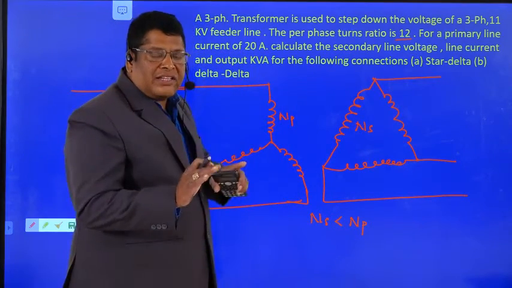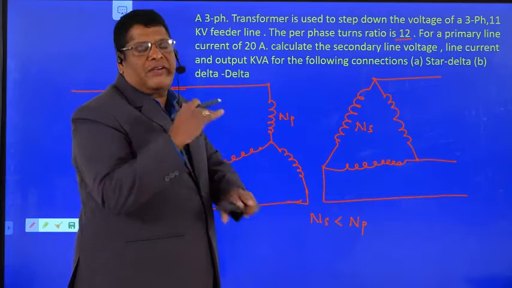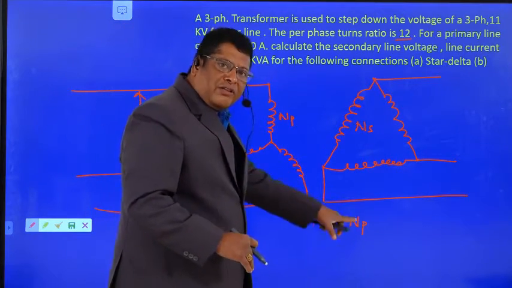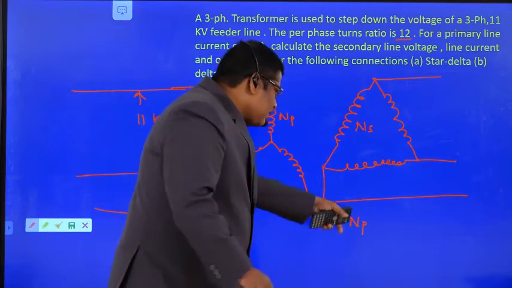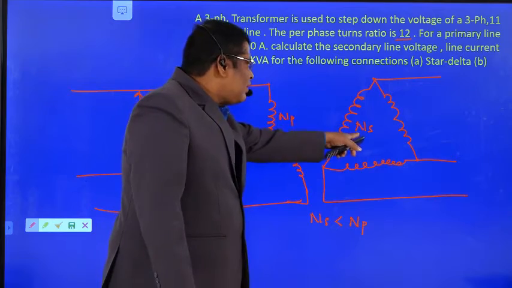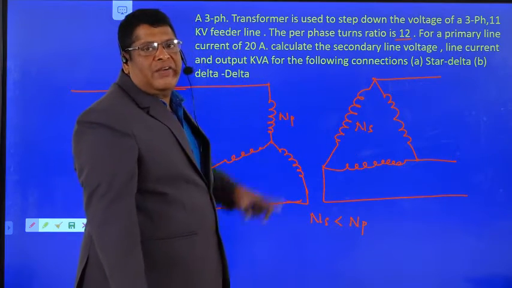We should not take it as the number of turns in the secondary winding to the primary winding. If we take secondary to primary, this quantity becomes less than 1, because the number of turns in the secondary winding will be less than in the primary winding.